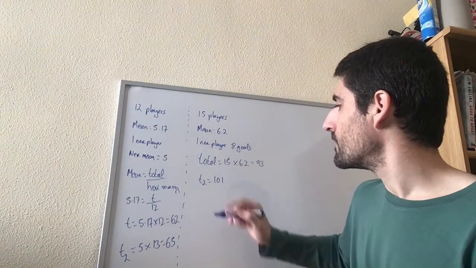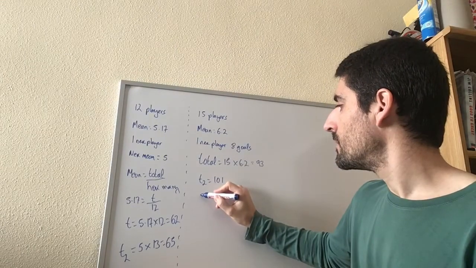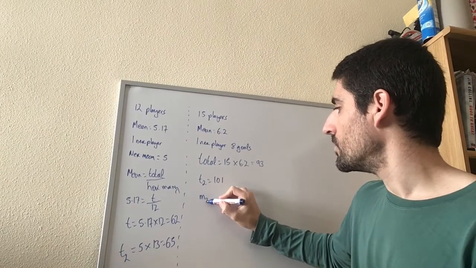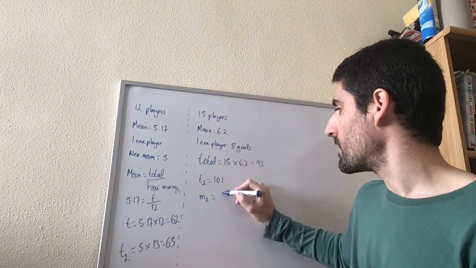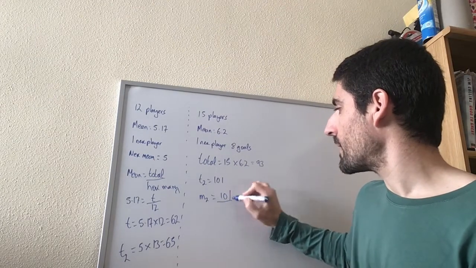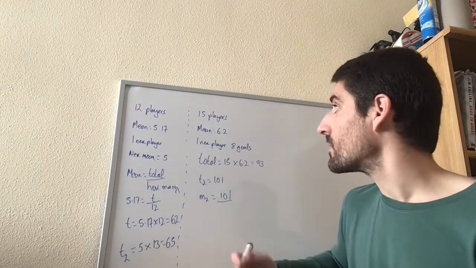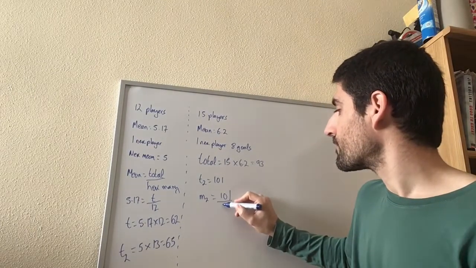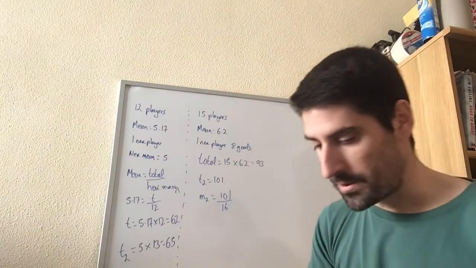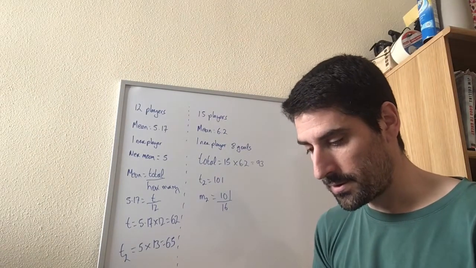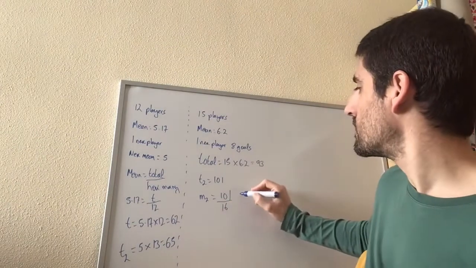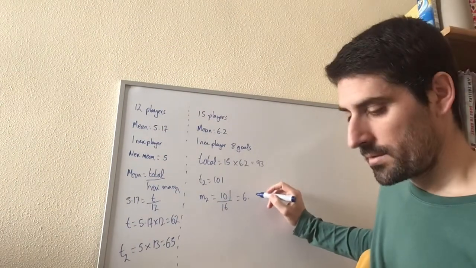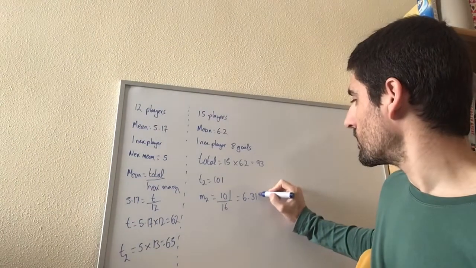And then the new mean, let's call it mean 2, is going to be the total number of goals divided by how many players we've got in the team. But we haven't got 15 players anymore, we've got a new one, so we've got 16 players. So the new mean, 101 divided by 16, is 6.3125.